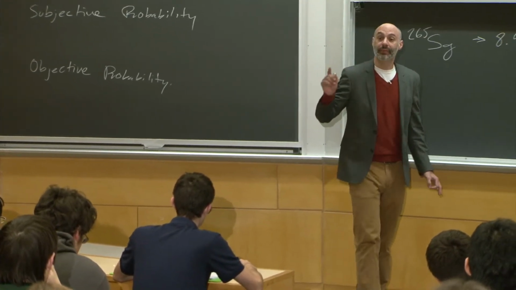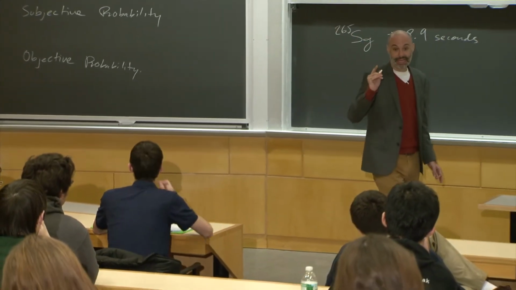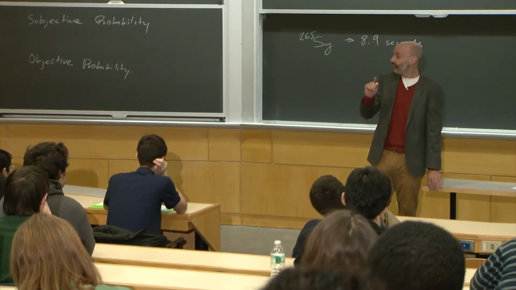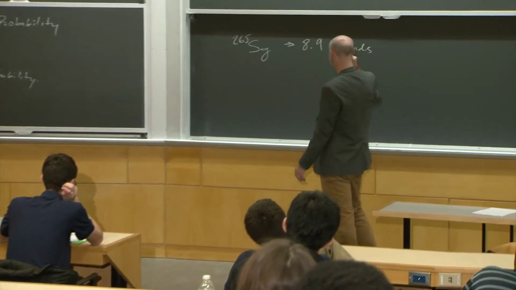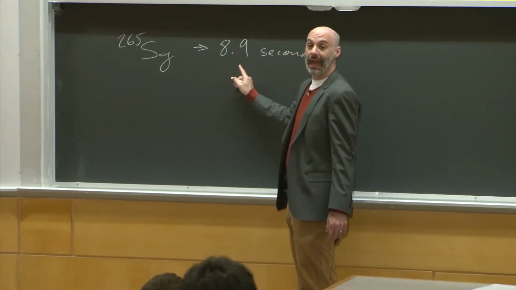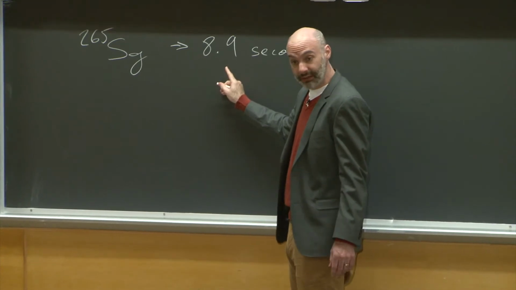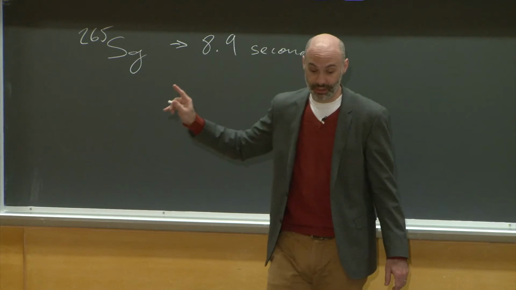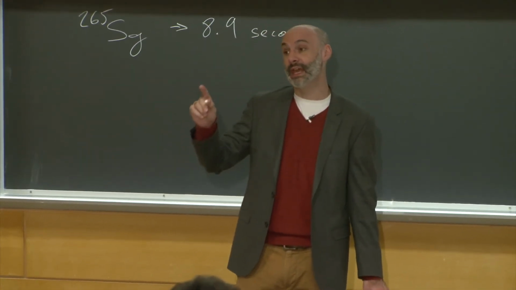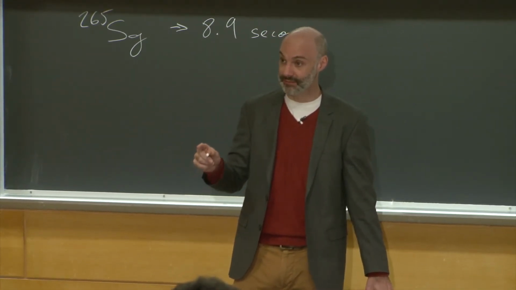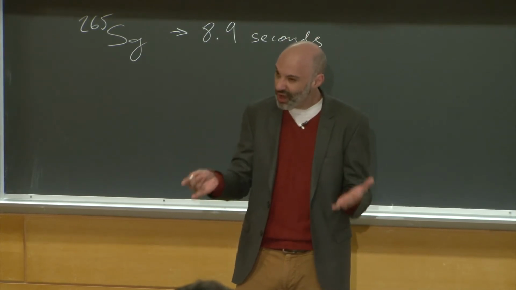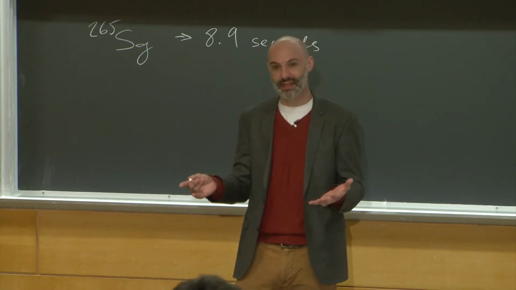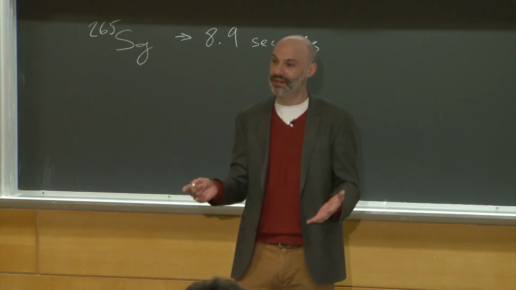Subjective probability is supposed to measure an agent's degree of belief. So suppose that I asked you, do you believe that this particle of seaborgium-265 will decay within the next 8.9 seconds? So presumably it would be wrong for you to say, yes, I believe that it will. And it would be wrong for you to say, no, I believe that it won't.